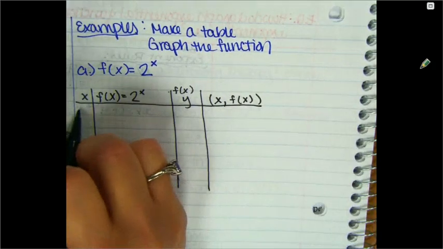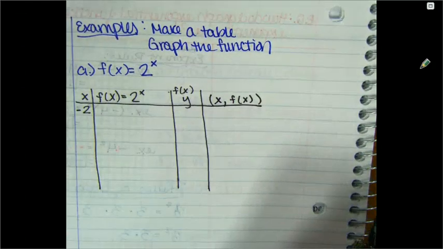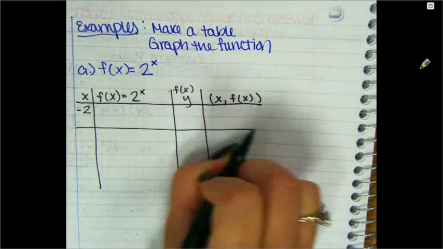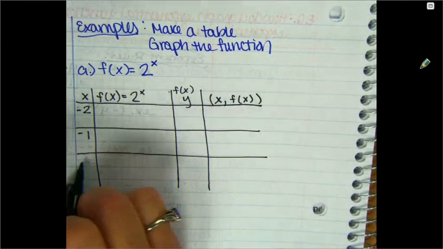And you're going to plug in a couple points, actually more than a couple. You're going to plug in -2 for me. You're going to plug in -1 for me. You're going to plug in 0 for me.